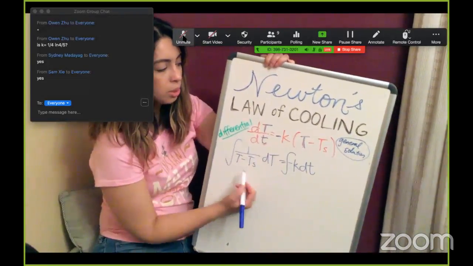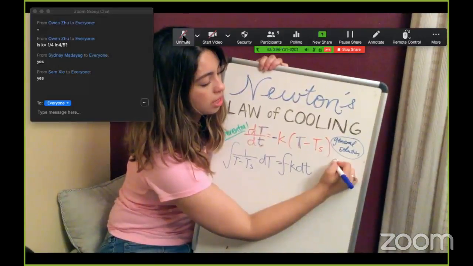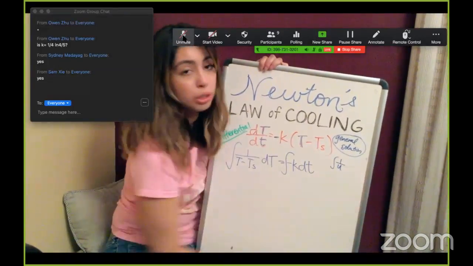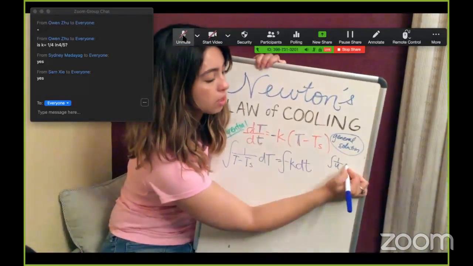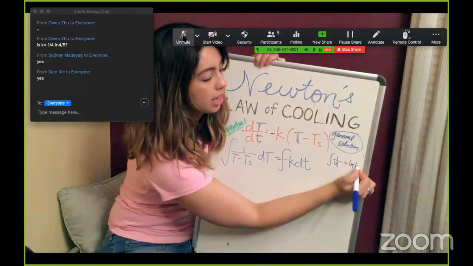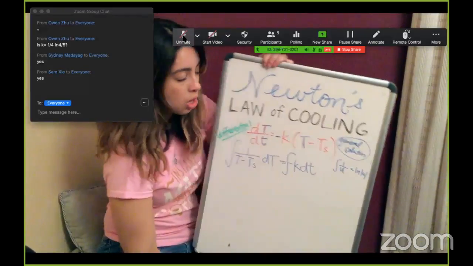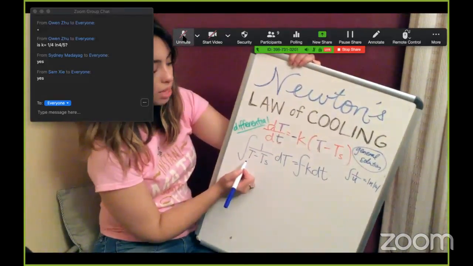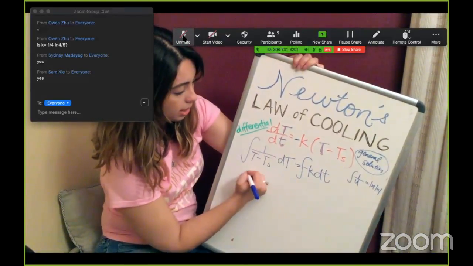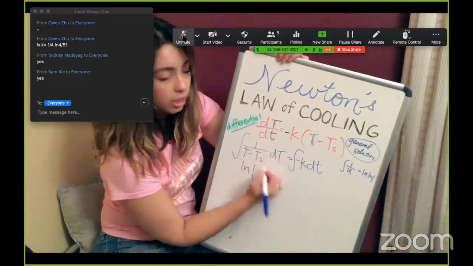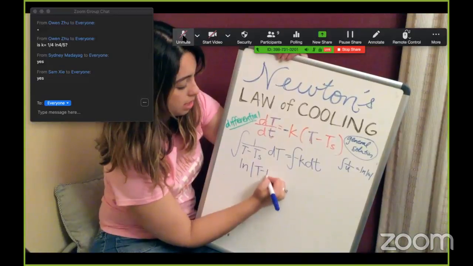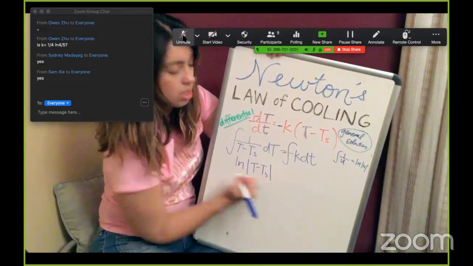This right here reminds me of the integral of 1 over u, so it's a u substitution. The integral of 1 over u is equal to ln absolute value of u. So I know that this integral is going to be ln absolute value of whatever is down here, which is T minus T sub s.